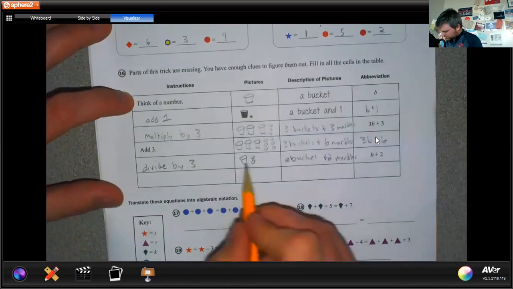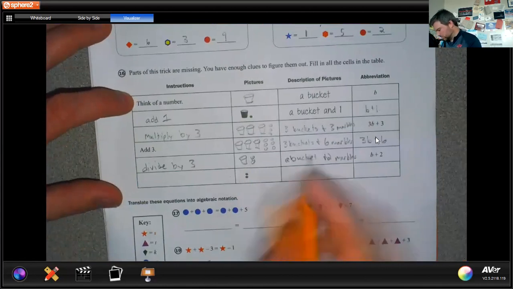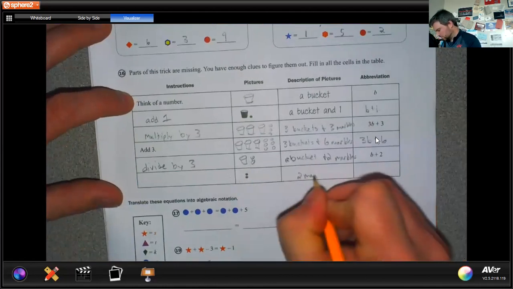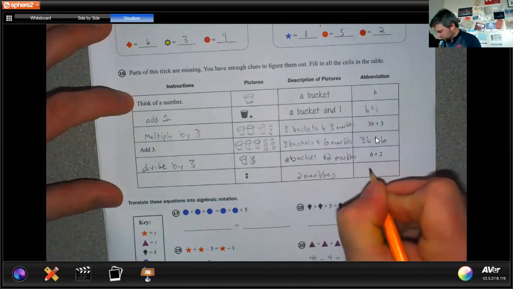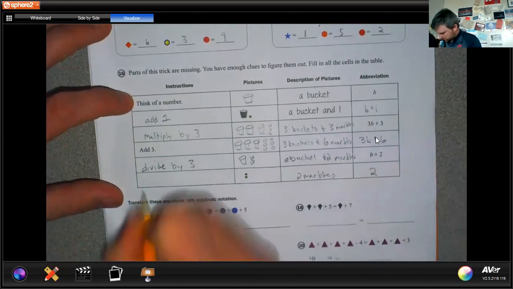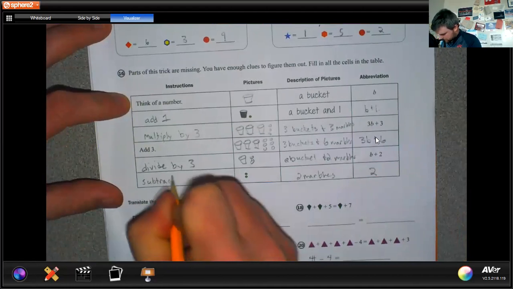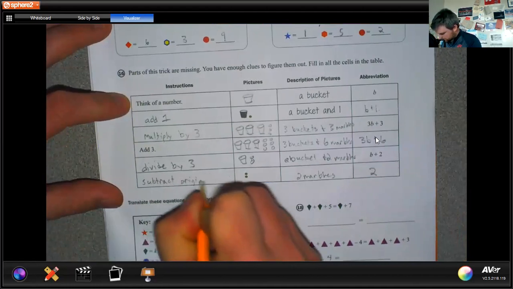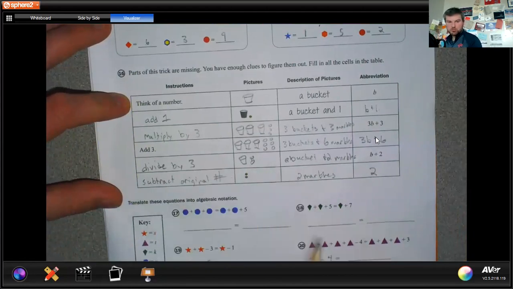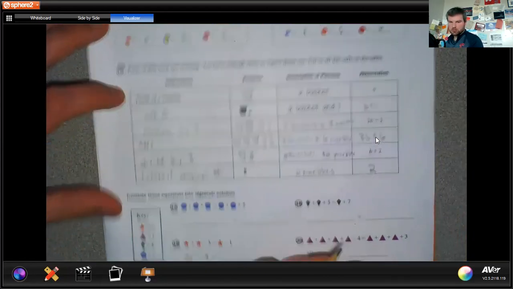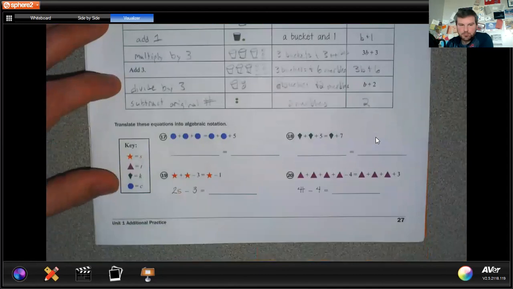And then they went from a bucket and 2 marbles to 2 marbles and 2, so we subtract the original number. So we subtracted that original number there to finish out the table.